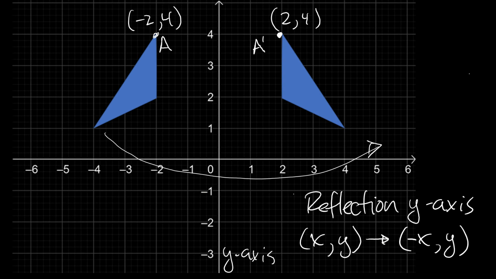So in the case here, you can see we had x was -2, and then the opposite of that -2 is +2, and my y values both stayed equal to 4.